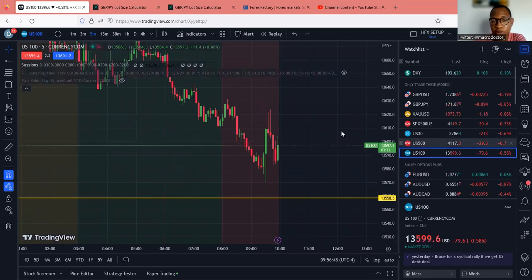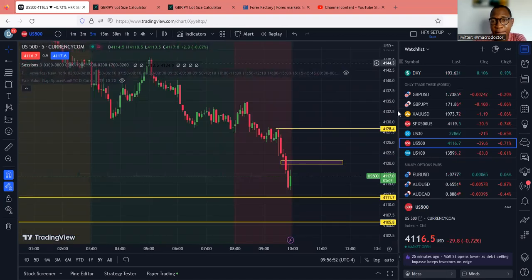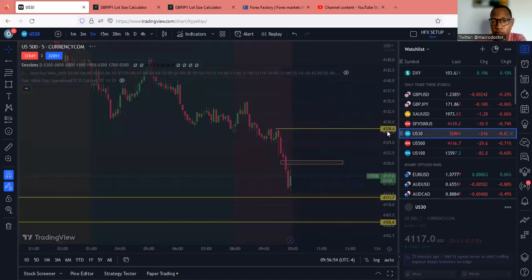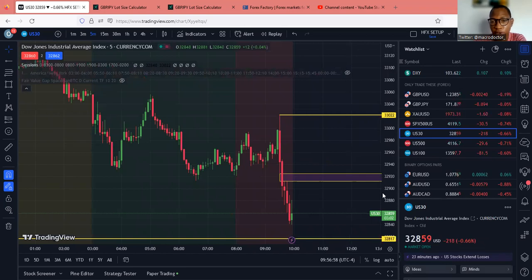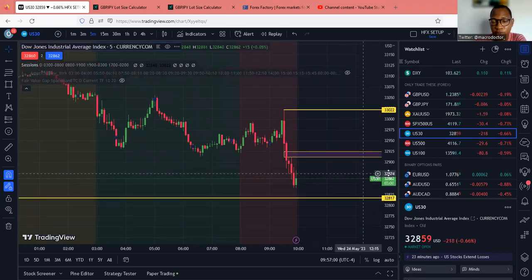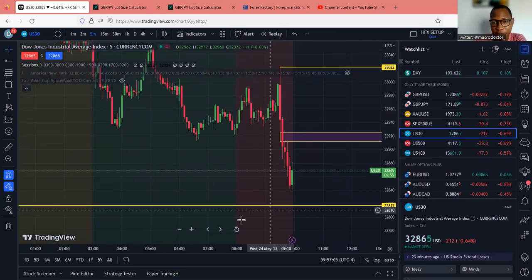Let me leave US 500 and just look at US 30 and this. Okay. So if price takes this out before 10, we're looking for a buy. If not, we're looking for a retracement into a fair value gap and a sell by 10. So that's where we are at right now.